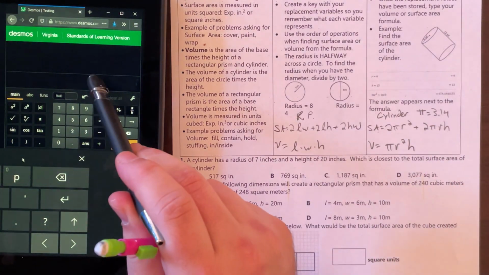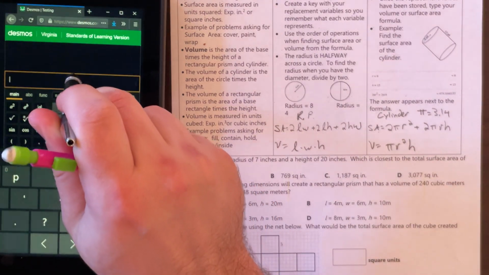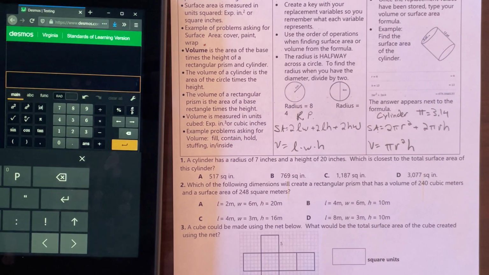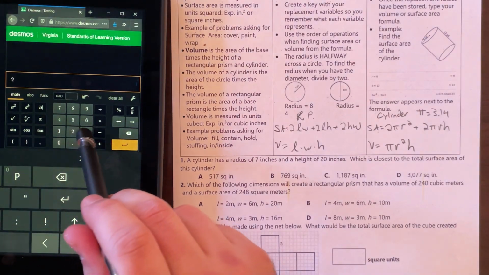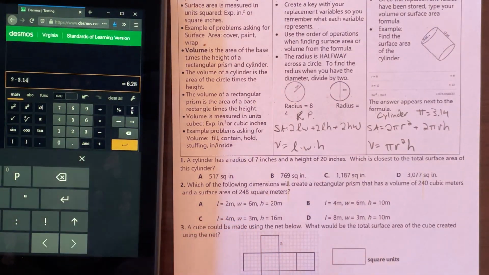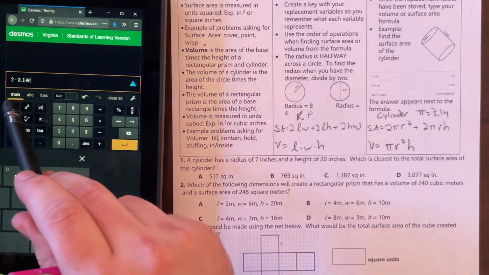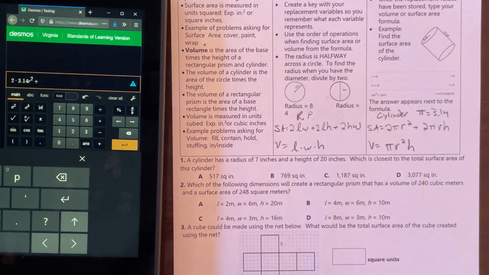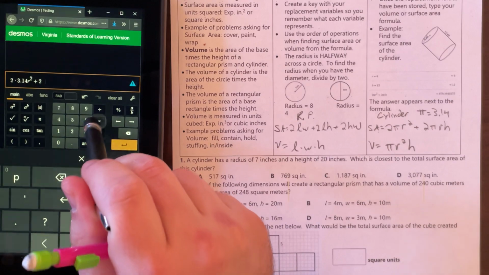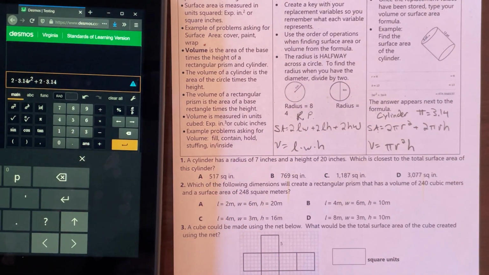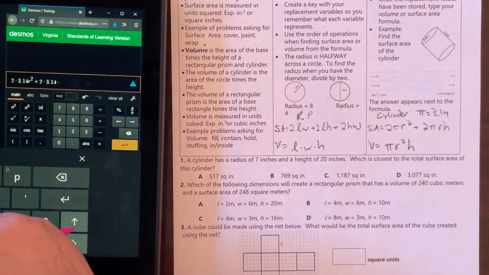All right, so for a cylinder, we're going to use that surface area formula. So we have 2 times 3.14 times the radius, r, squared, plus 2 times 3.14 times the radius times the height.